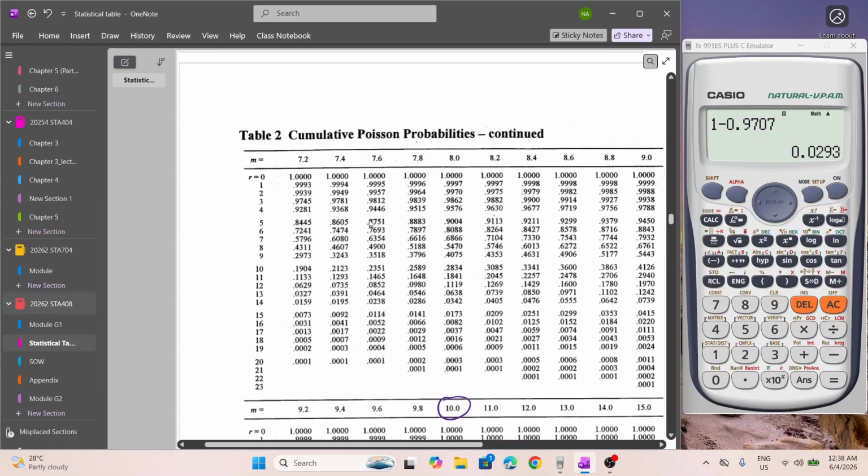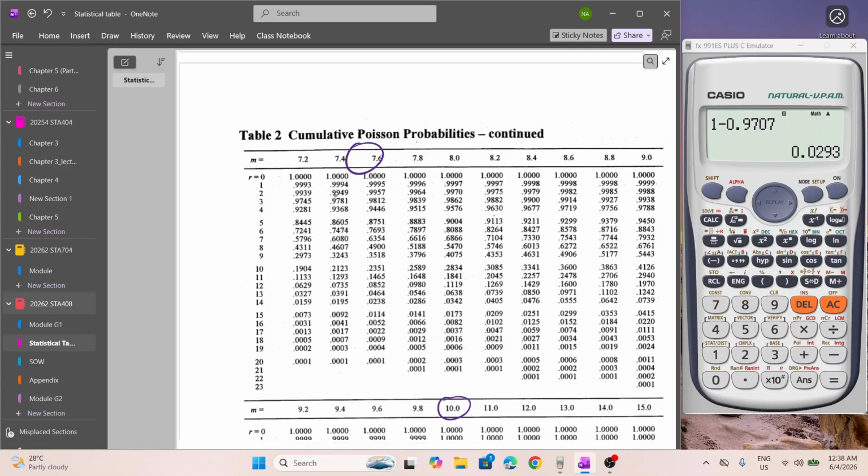Oh, yeah, this is interesting because 7.5 is not in the table. So in this kind of problem, what you can do is use interpolation to find the value for 7.5.